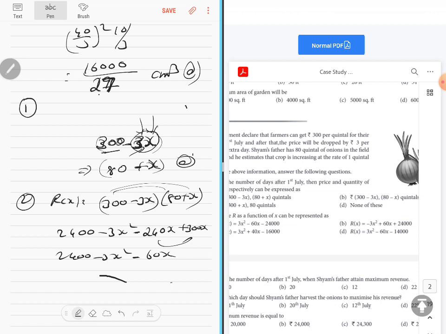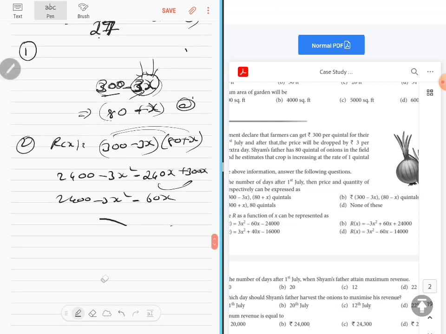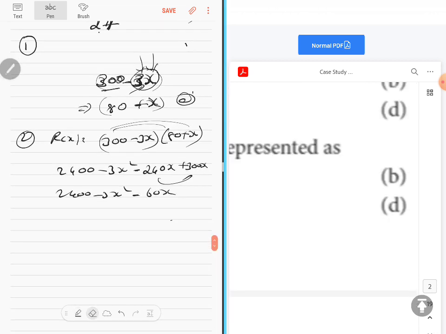It should have a negative sign in both the places. You don't seem to have an option here. Something is wrong. Okay, so I think I'm right, and you can check. There must be a spelling typo error in the answer. So this is the total revenue. Let's go to the next question.